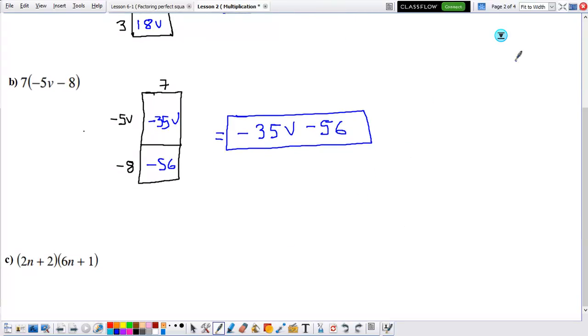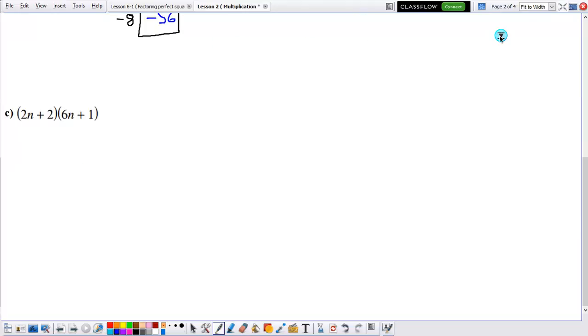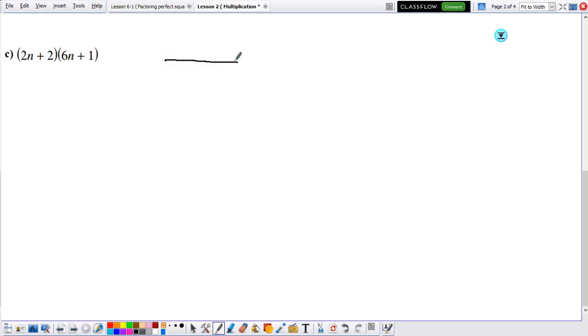Now let's talk about example C. We're still using the tabular method, but this is a little bit different because now we're going to have two columns and two rows. So let's make our box with that dimension.